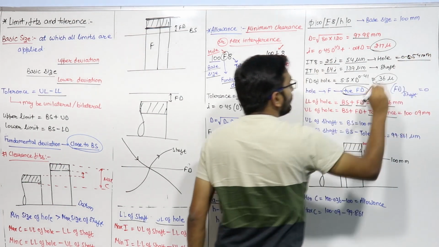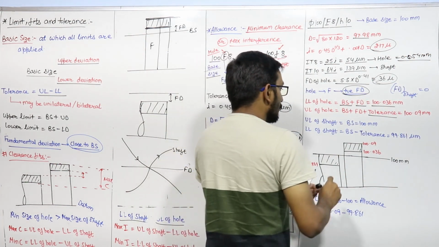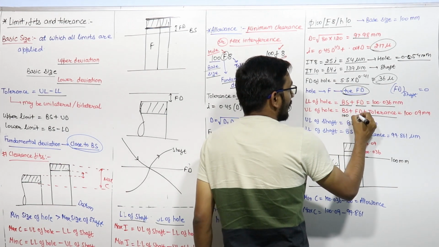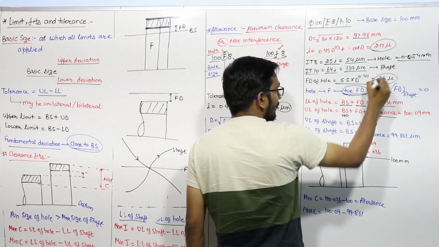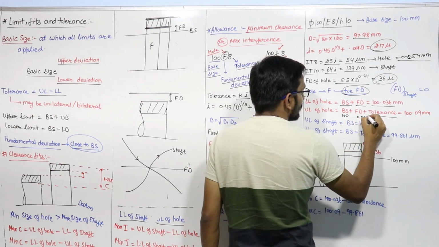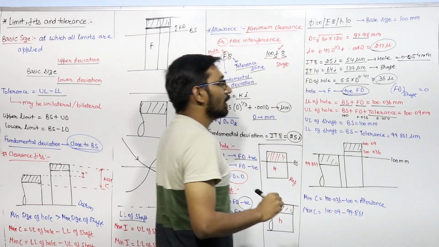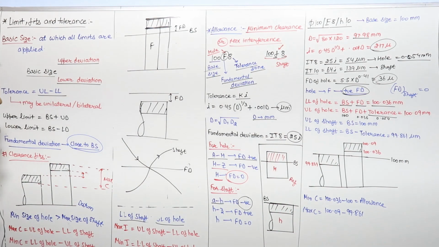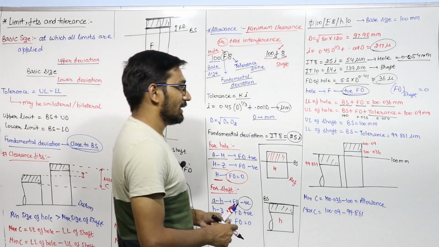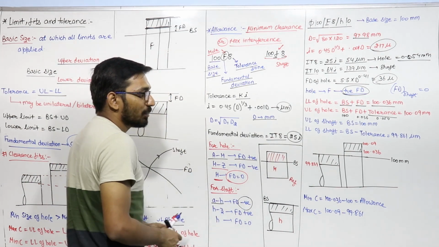So the basic size is 100, the fundamental deviation for hole is 0.036, the tolerance is 0.054, so this will be equal to 0.09. So this will be 100.09. The upper limit of the hole will be 100.09.